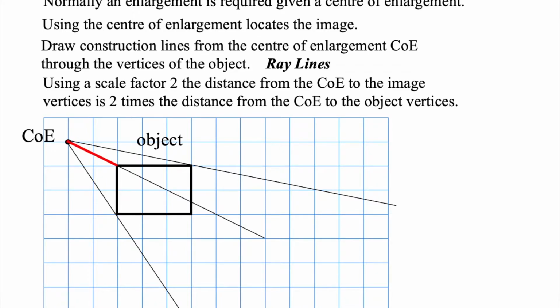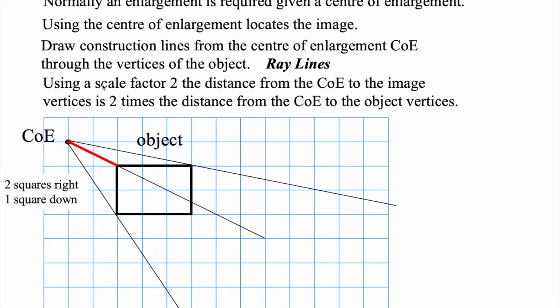To get from here to there, it's either 1 square down and 2 squares across, or 2 squares across and 1 square down. But you have to be consistent: if you start by counting this way or that way, do the same with the other points.